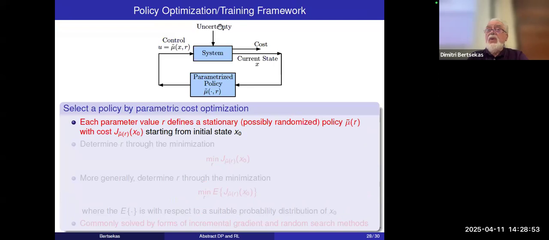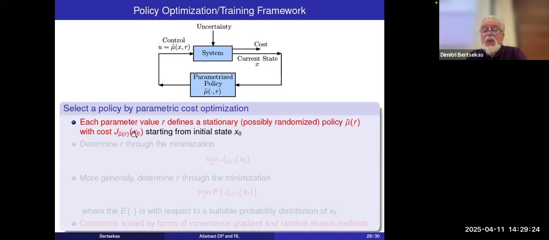Okay, now let's go to the reinforcement learning context of policy optimization, approximation in policy space. We introduce a parametric class of policies where there's a parameter R that parameterizes the policy. Each one of these R's defines a stationary policy, which I denote by mu tilde of R, possibly randomized, and it has a cost.